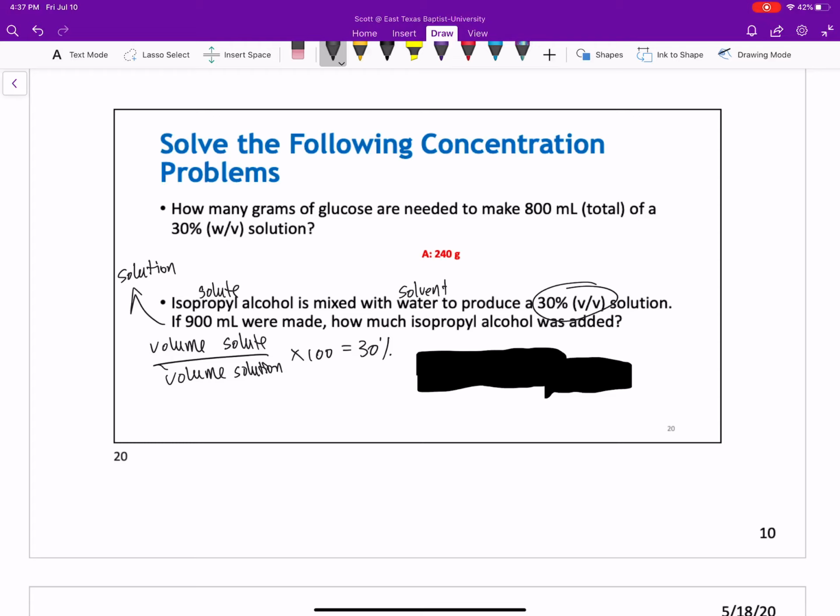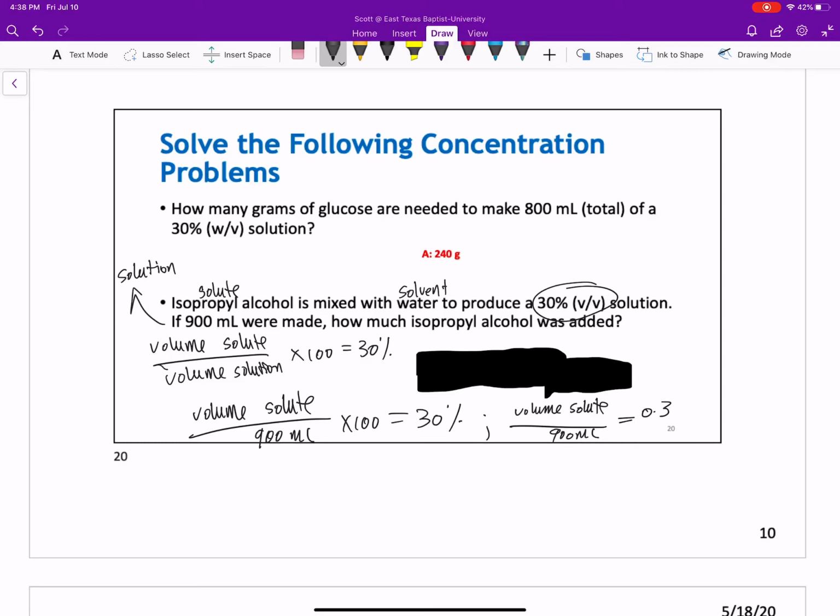So now we have everything we need to set up this problem. We're looking for the volume of solute. So volume of solute over the total volume of solution, which is 900 milliliters, times 100 equals 30%. And so we'll do similar arithmetic to the previous problem. We'll divide 30% by 100, which will give you 0.3.